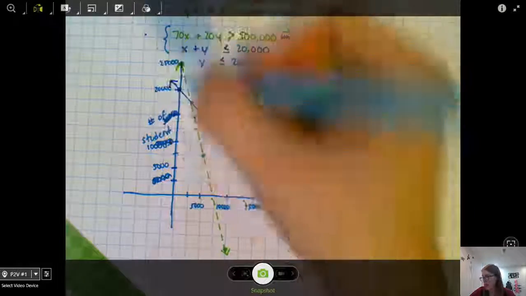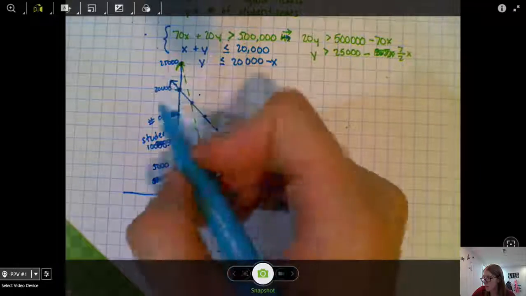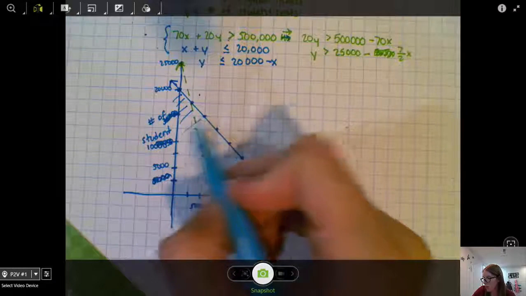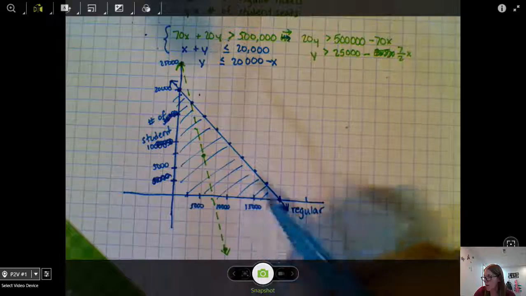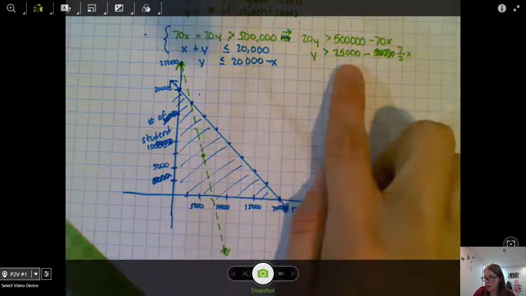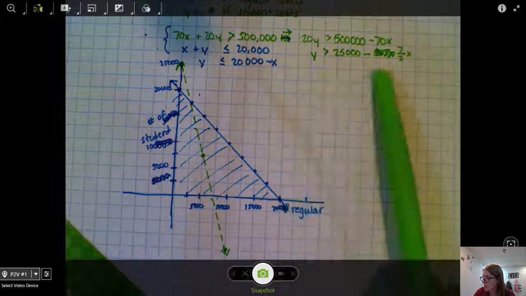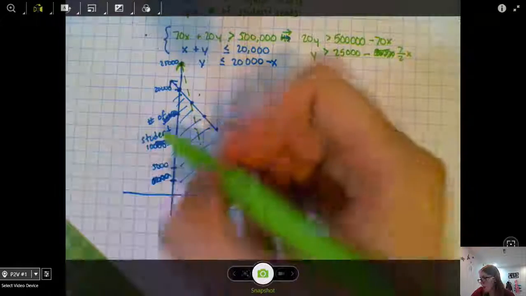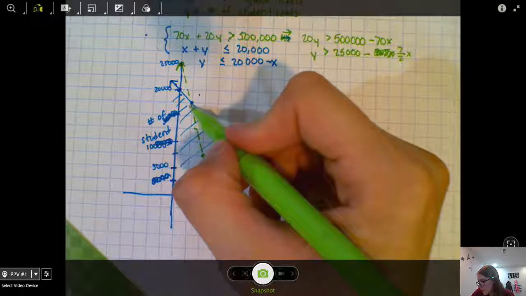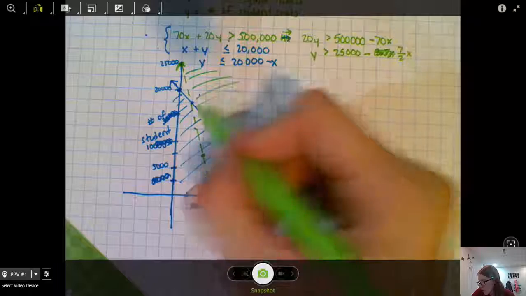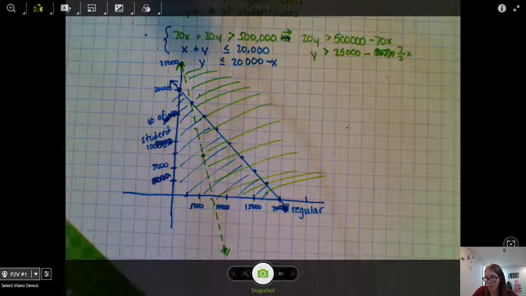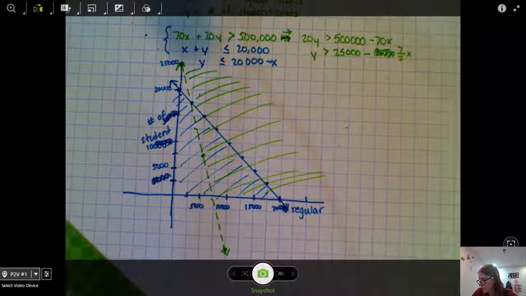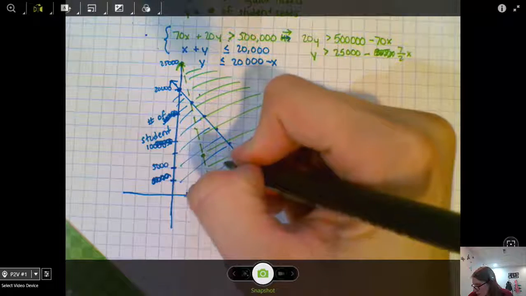Okay, as far as shading goes, less than or equal to, my solution is below that line. And then for my green inequality, the 25,000 minus 7 halves x is anything above. All right. So my double shaded region is right here.